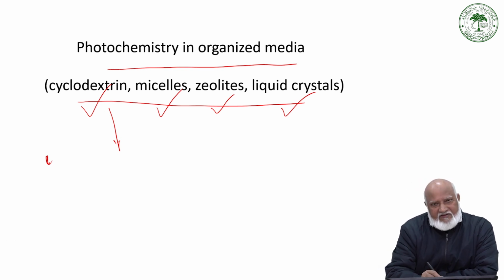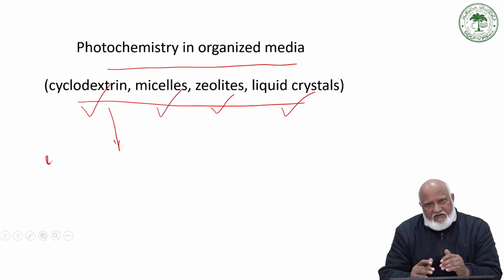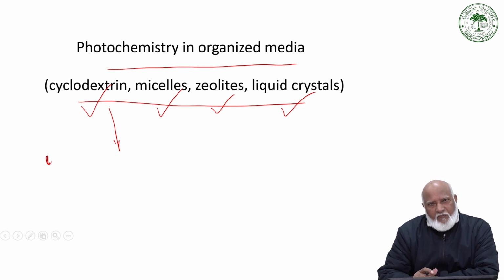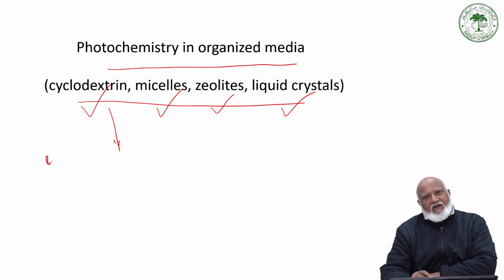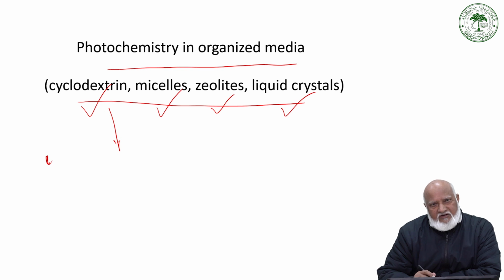Similarly, micelles can form a structure where the hydrophobic and hydrophilic ends organize to form a globular structure. Zeolite is a channel-like structure. Liquid crystals, nematic, smectic and so on, can organize to have a special type of structure.